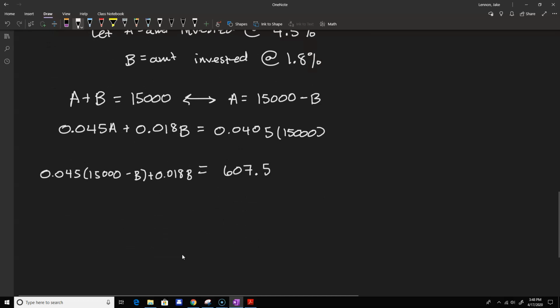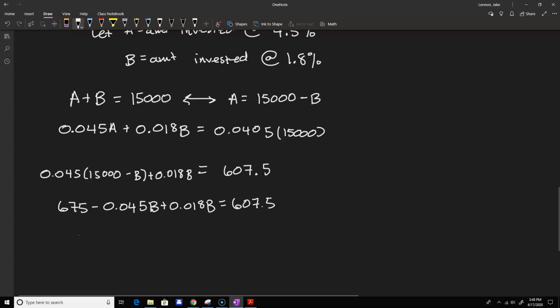So we do our 0.045 times 15,000, which comes out to 675. So we get 675 minus 0.045B plus 0.018B. That's equal to 607.5.